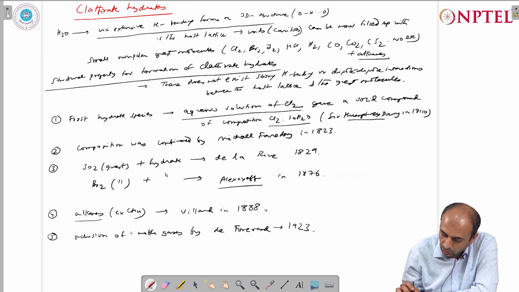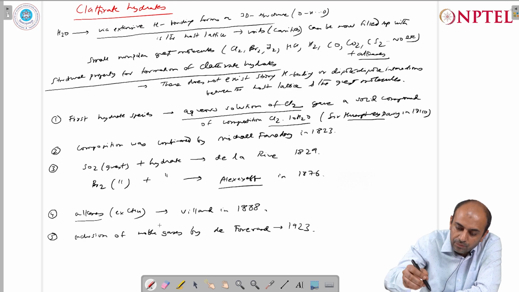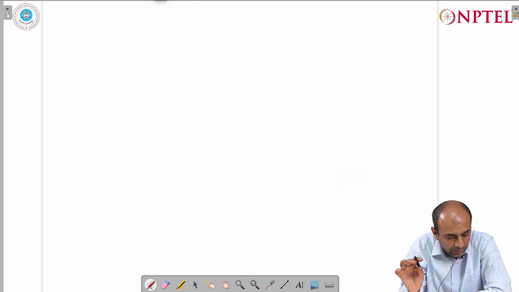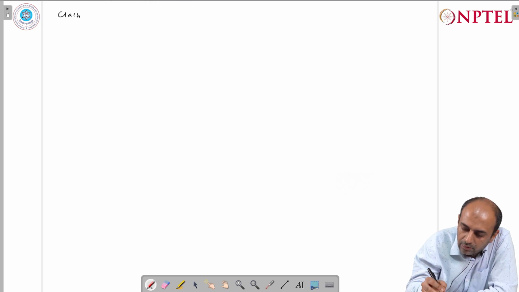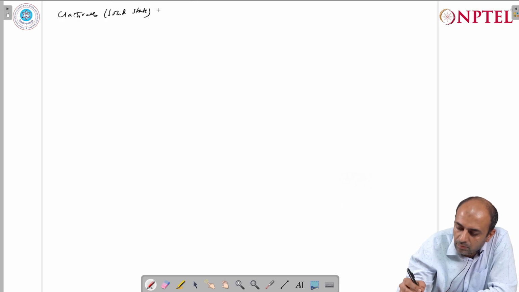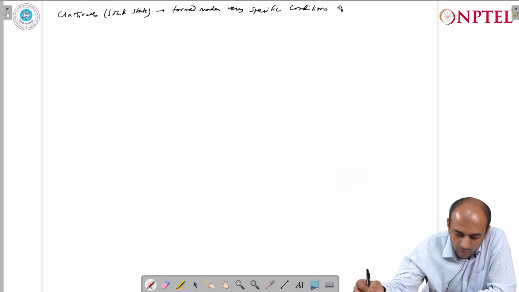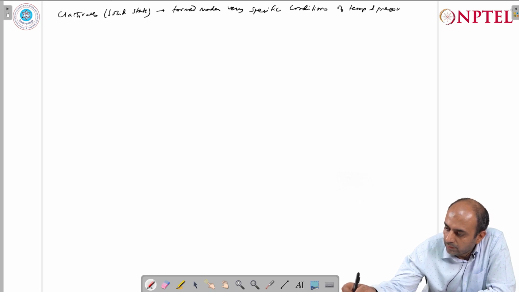And before we go further into why this discovery is important, I would like to mention that these solid state clathrates are formed under very specific conditions of temperature and pressure.